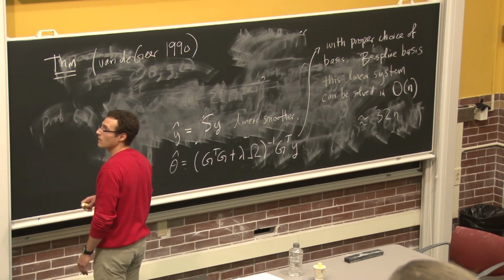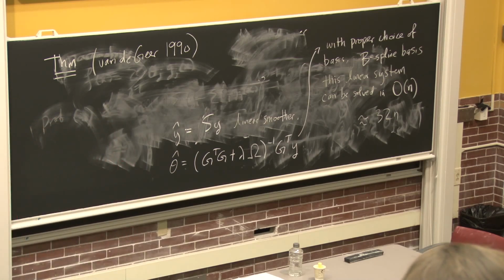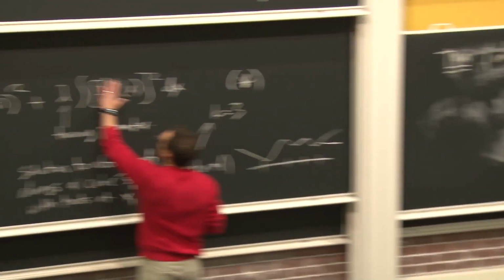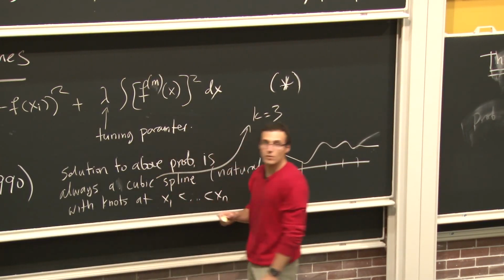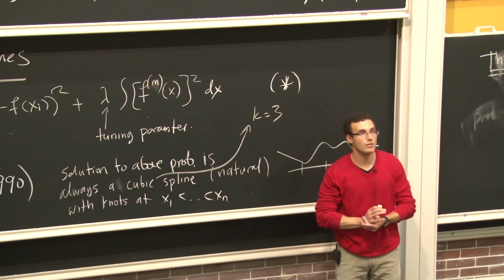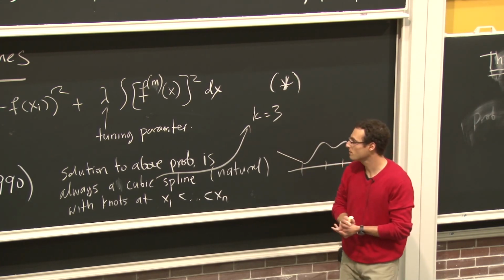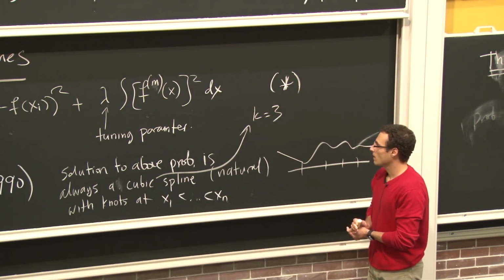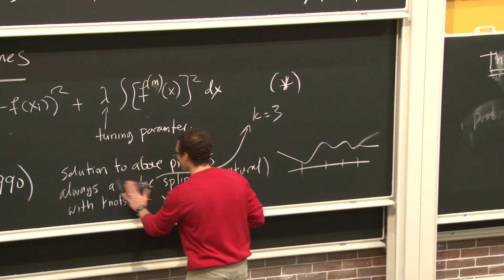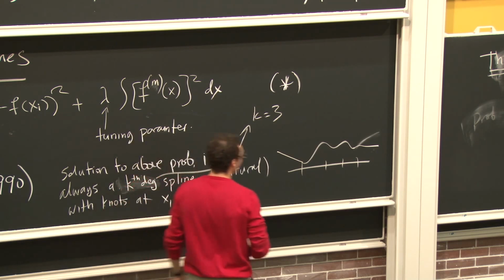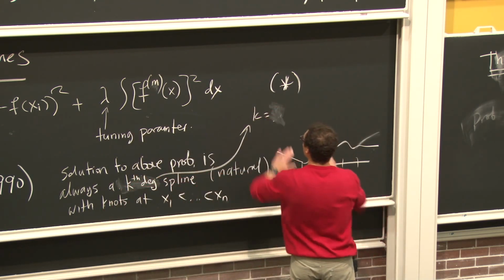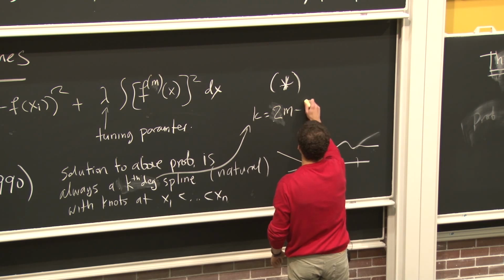Let's see if I can remember exactly the function space. First, I'm going to change this to m. So let's think about taking an arbitrary number of derivatives. m was 2 for us before. And instead of a cubic spline, we now get a kth degree spline, where k is equal to 2 times m minus 1.